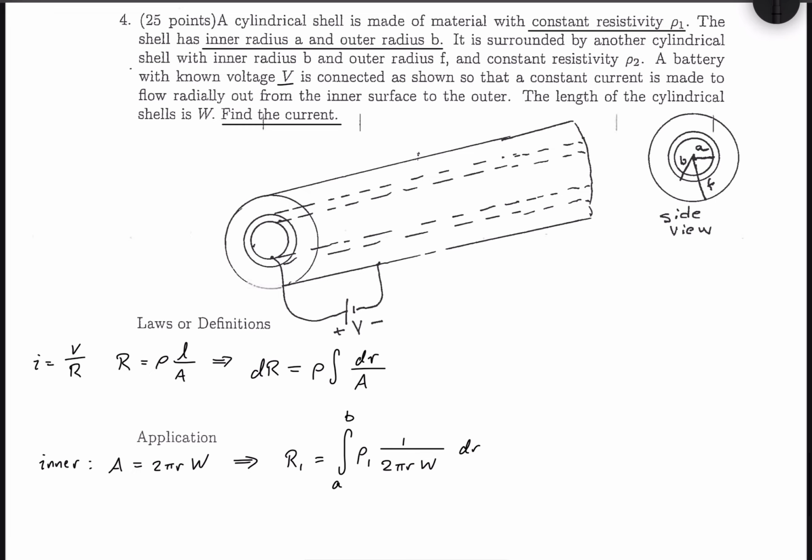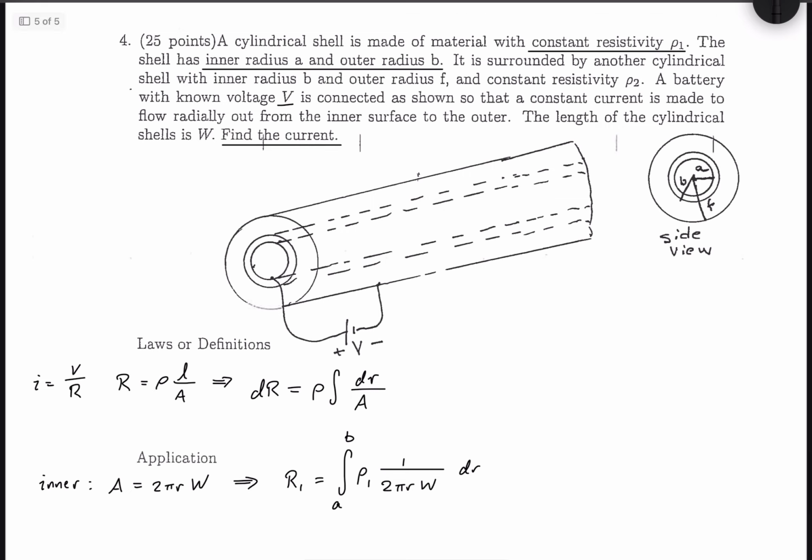One thing to remember for resistance is that when you're integrating it, you want to integrate it over the entire object. You don't want to integrate over a specific region, because resistance, again, is an intrinsic property of the entire material, the entire object.